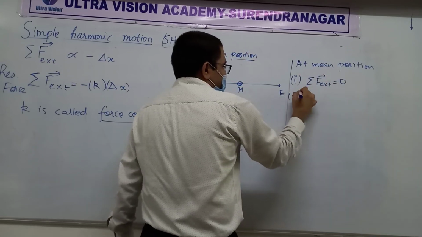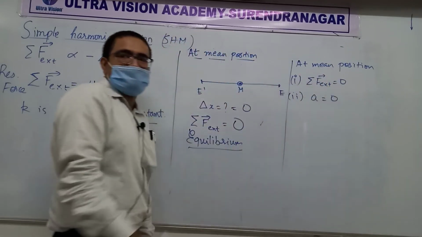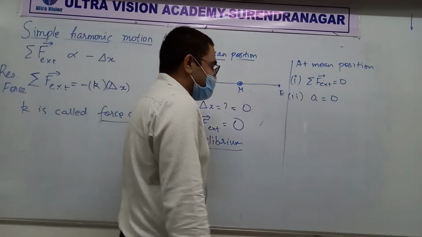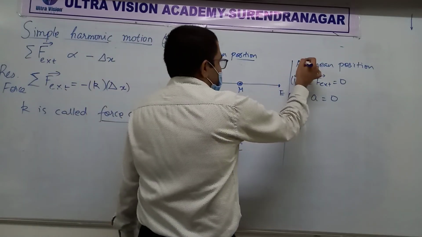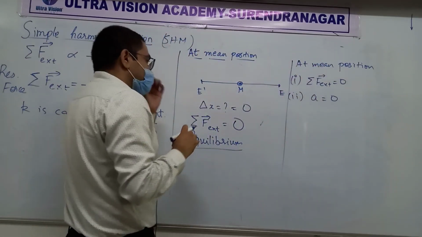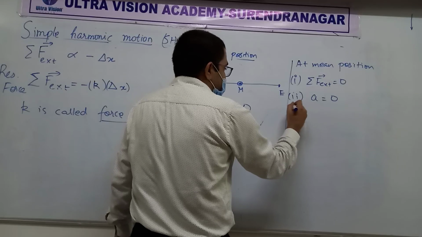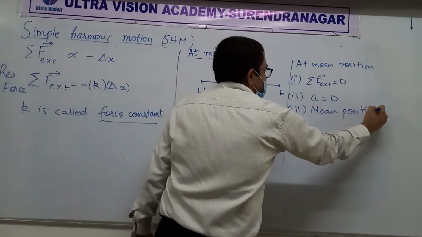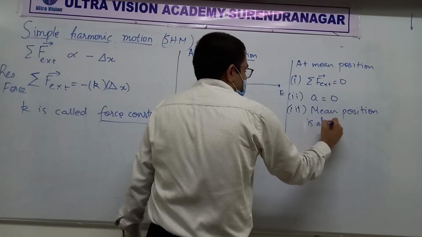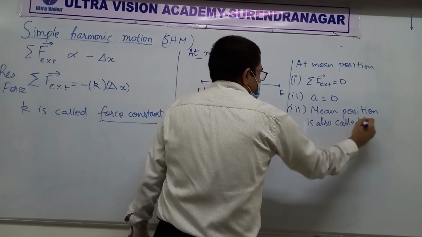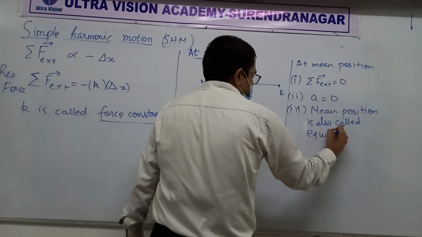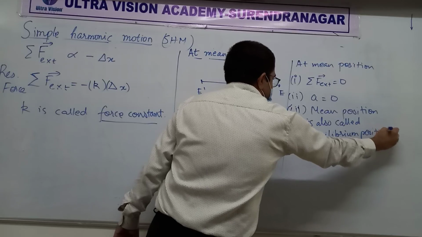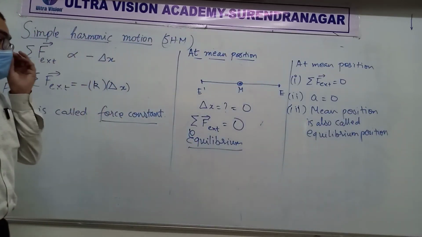Number 2, acceleration is also 0. And we have another name for mean position. What's that? Mean position is also called equilibrium position. Did you understand all the three?